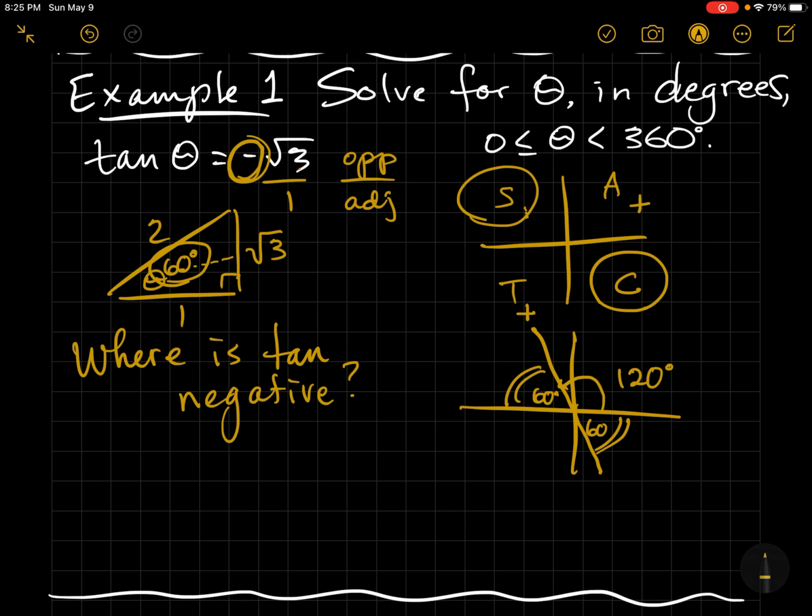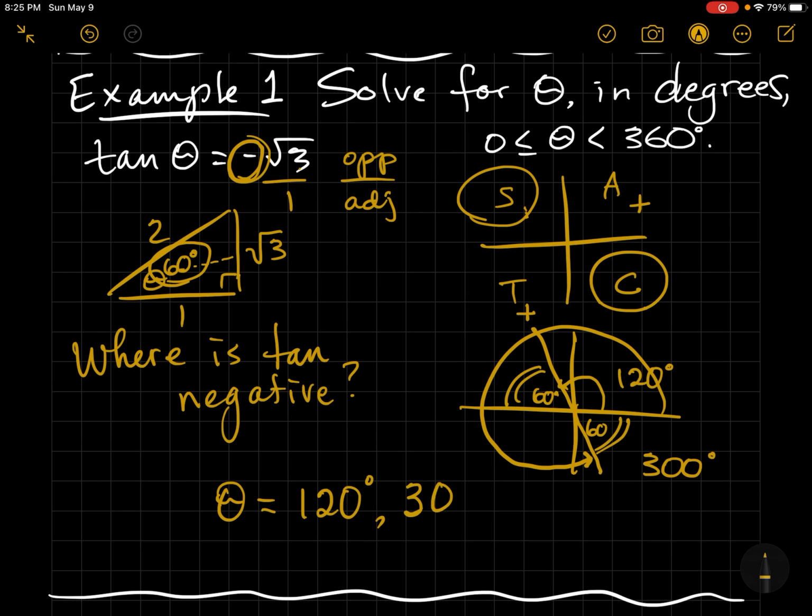That's why I always stress that. And now in standard position, if I go all the way around, that would be a 300-degree angle. So I have two solutions. Theta equals 120 degrees, or it could equal 300 degrees.